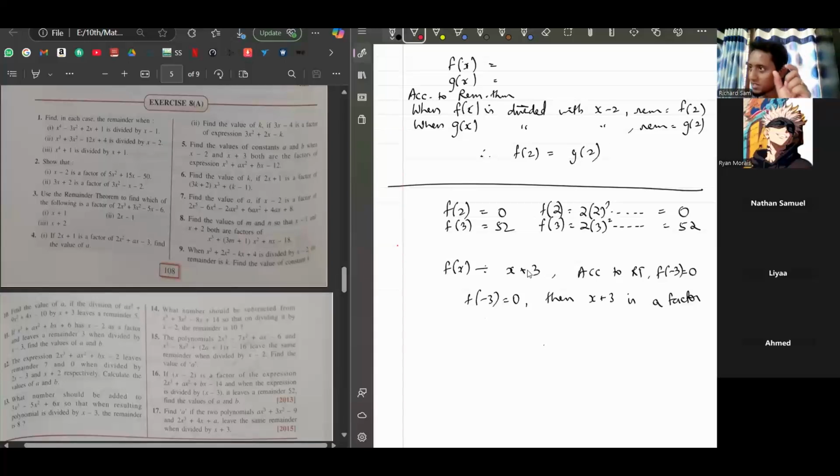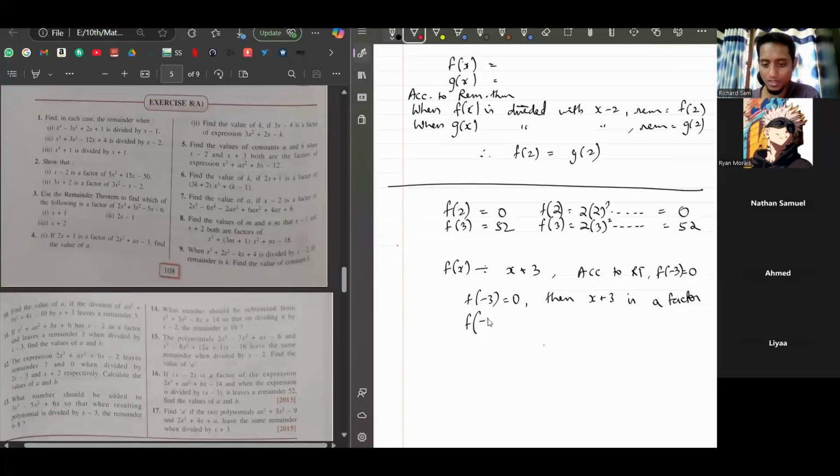When x plus 3 is a factor. Okay, and factor theorem, it's saying like this. If f of minus 3 is coming 0, that means what? X plus 3 is a factor. This is the remainder, no? Right. So remainder came 0. Why? Because x plus 3 is a factor. So just the opposite, okay?